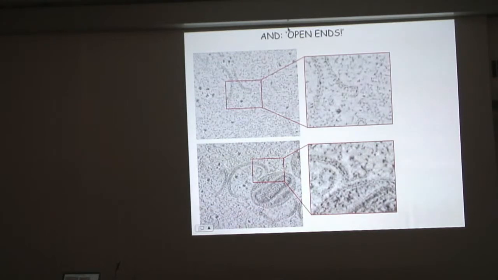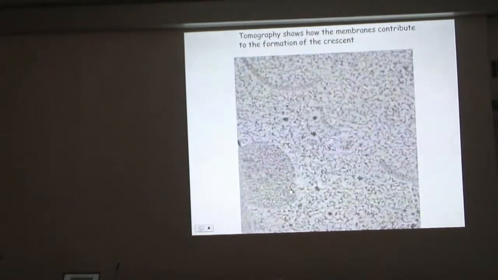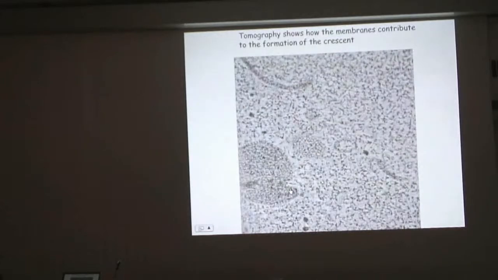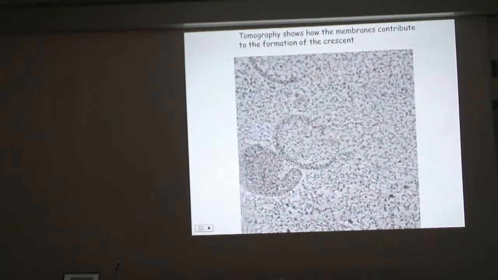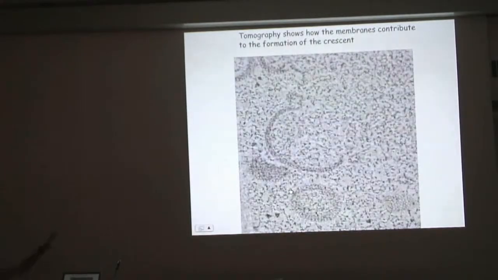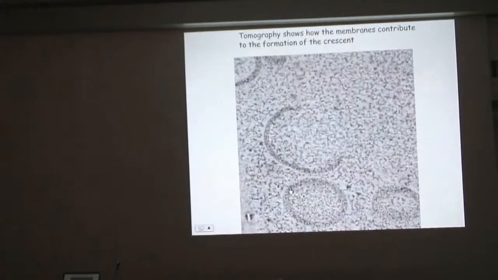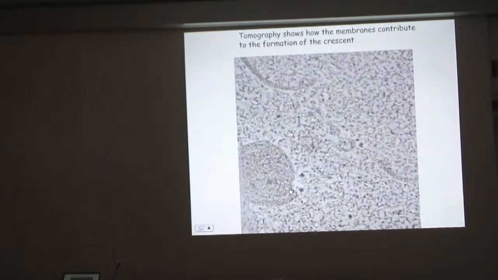So we decided that this is important to analyze in 3 dimensions using tomography. And this is what we did here. Basically, what you can see here in 3 dimensions is a crescent that comes up, and this crescent in 3 dimensions seems to be continuous with small membranes, and when you analyze these small membranes in detail, you see that most of them are actually open.